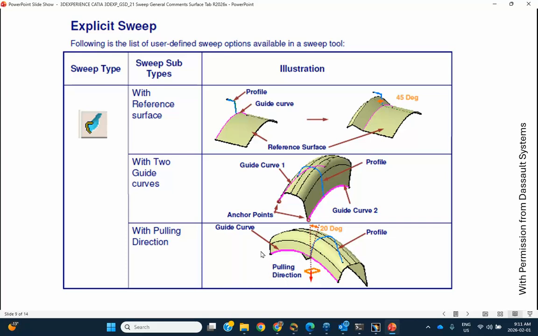So once again, sweep is taking the plane normal to the spine, drawing your sketch on it, and then moving it normal to that plane, which is essentially along the tangent to the spine, but taking away the rotational effect based on one of these three cases.